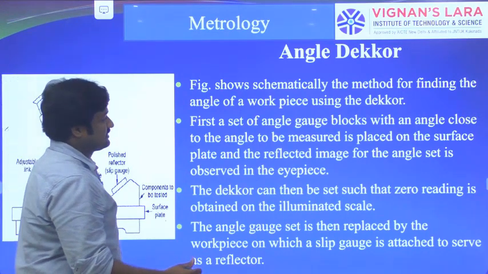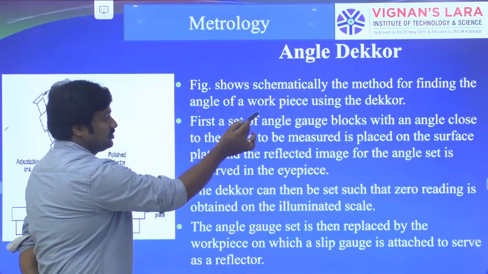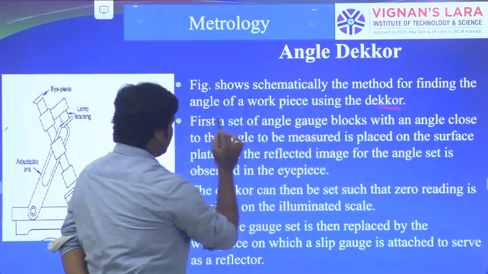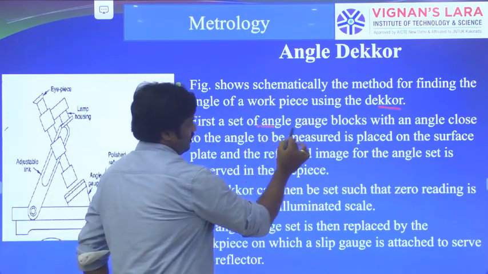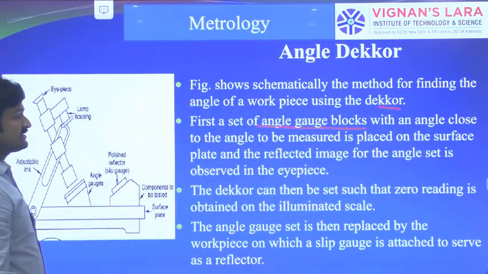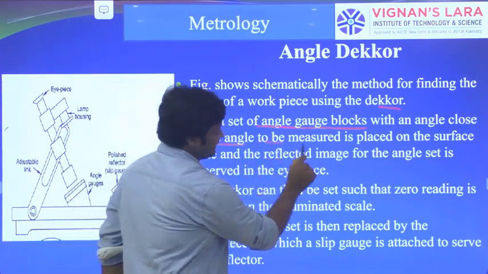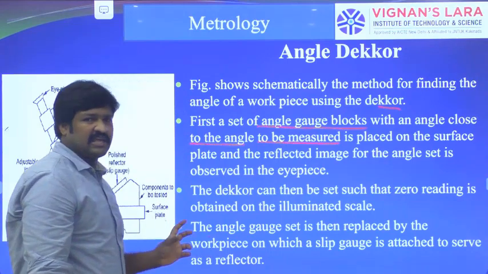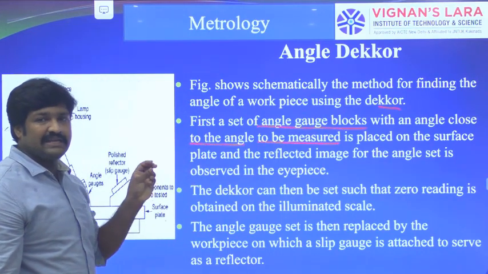The figure shows schematically the method of finding the angle of the workpiece using the angle Dekkor. First, a set of angle gauge blocks with an angle close to the angle to be measured is placed. So if the angle to be measured is around 30.5, then we will take a 30 degrees angle.